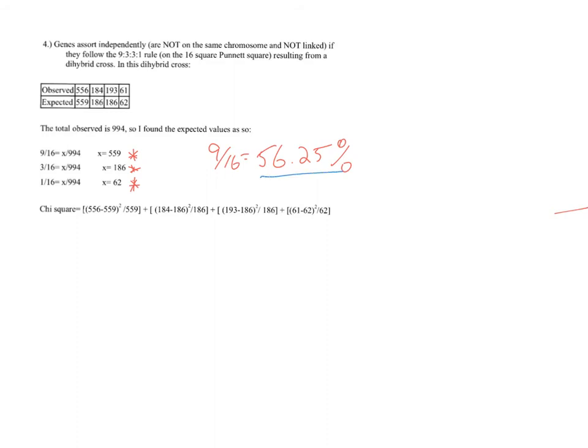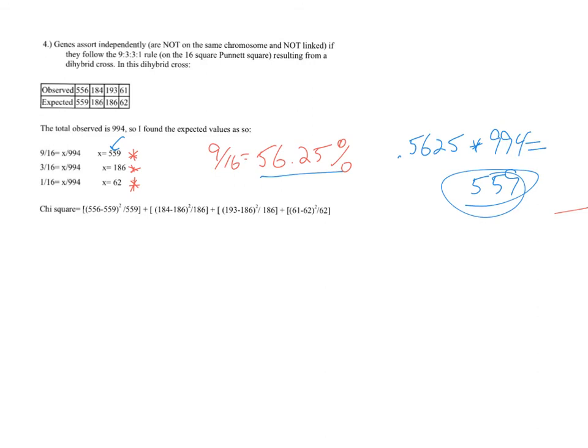So if you take that 0.5625 and multiply it by 994, that's going to give you about 559. So this is your expected value you see here. So it's the same number, it's just 2 different ways of calculating, so don't get confused.